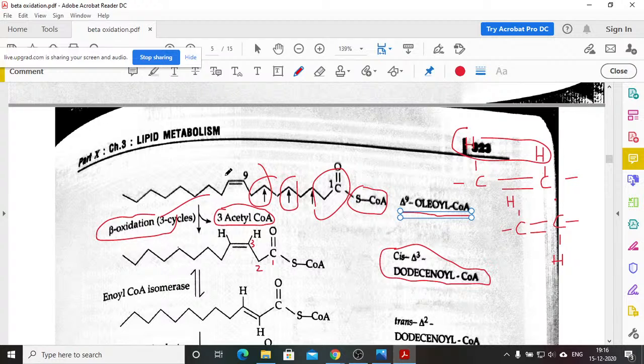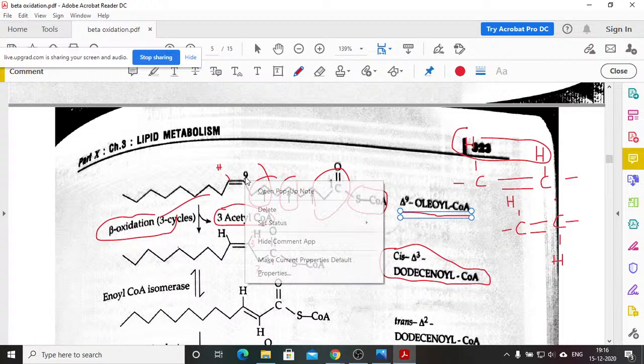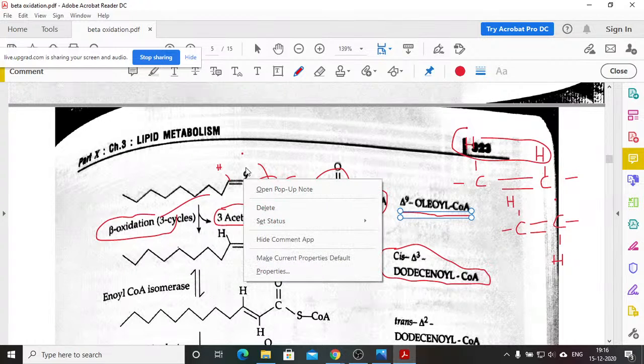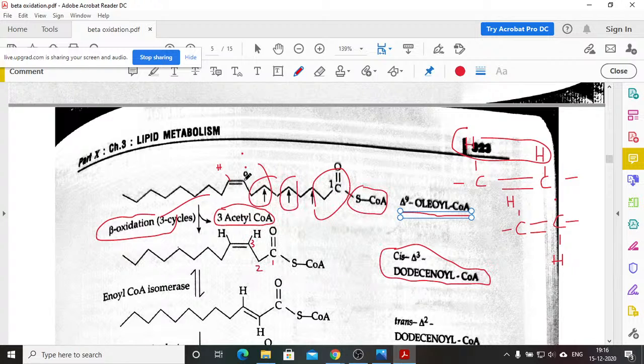You can see that over here there is a hydrogen, and here there is a hydrogen. So this is drawn over here in this part.